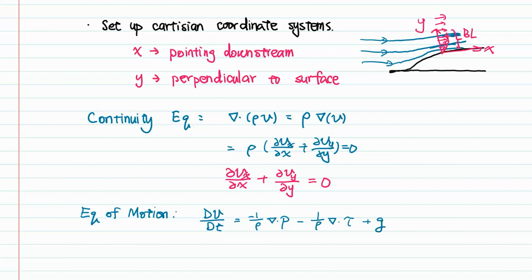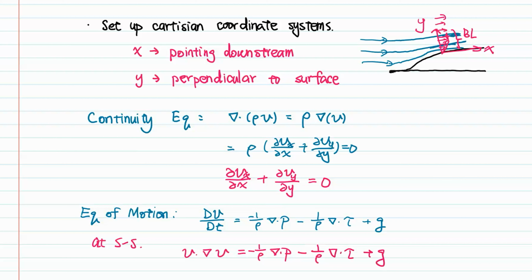For a steady state problem, the time-dependent term vanishes, so it's just v dot gradient of v equals negative 1 over rho gradient of p minus 1 over rho gradient of the stress tensor plus the external forces.